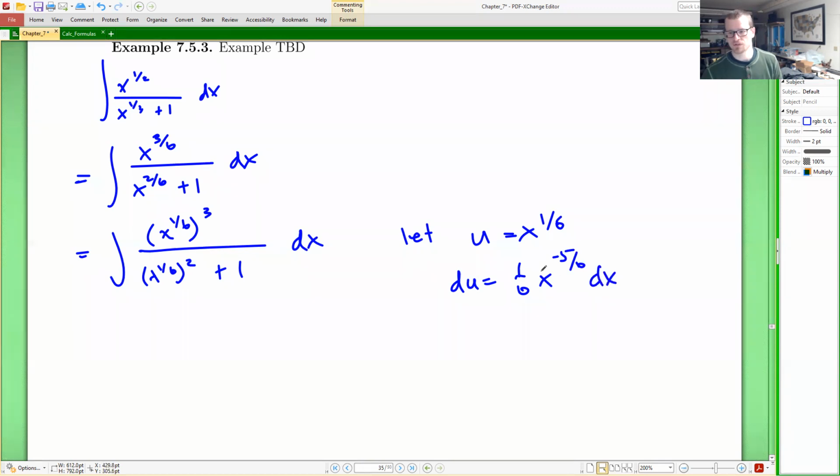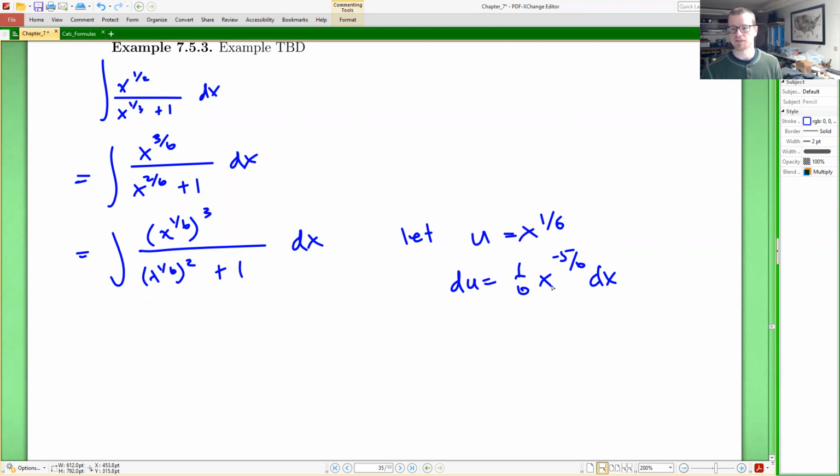So we'd have to introduce a factor of 5/6 in the numerator, so that way we could also look at having an x to the negative 5/6 or x to the 5/6 in the denominator, however you want to think of that. But when we do that, that still is easily replaceable by u because it's a power of x to the 1/6.